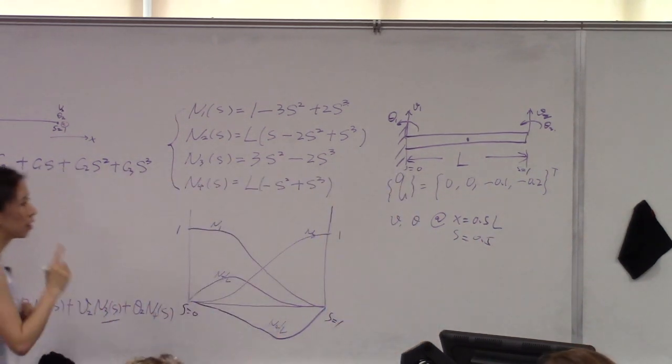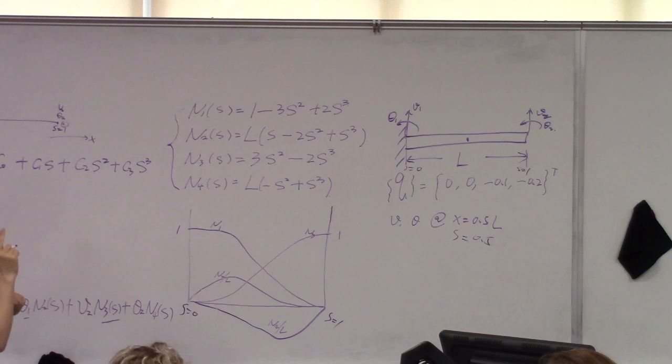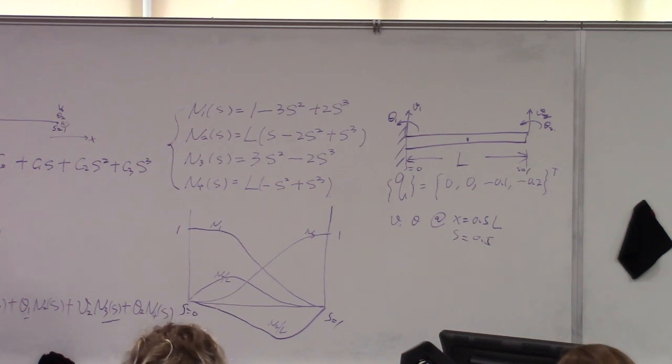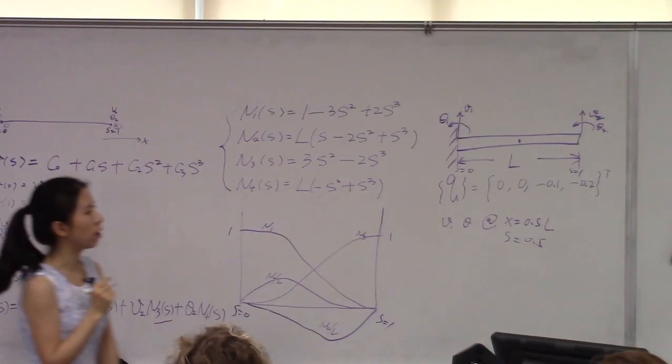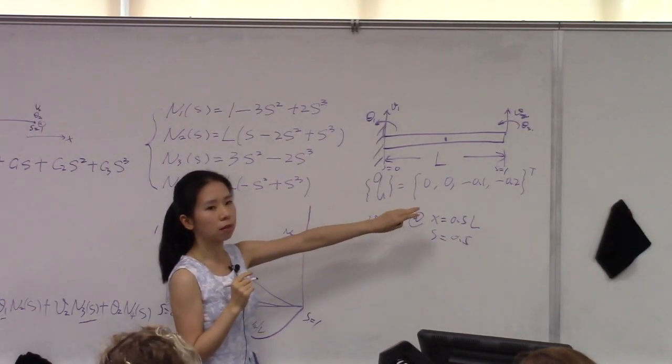So we put the 1/2 here, and V1, theta 1, V2, theta 2 are already given.